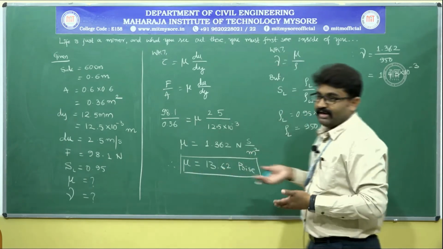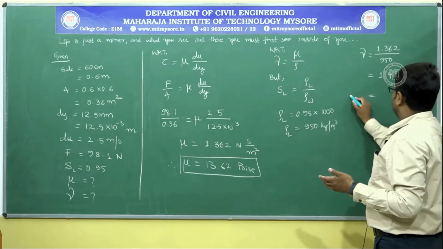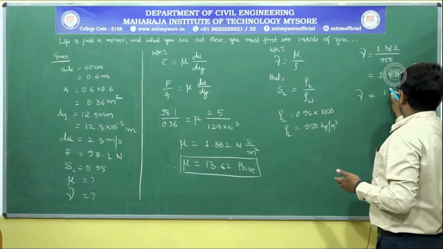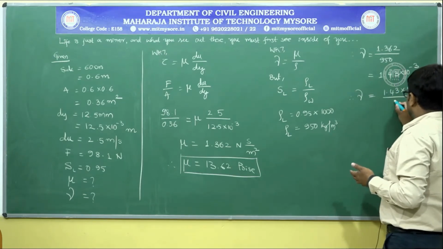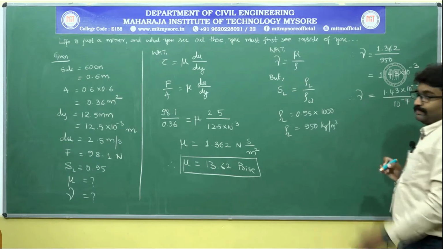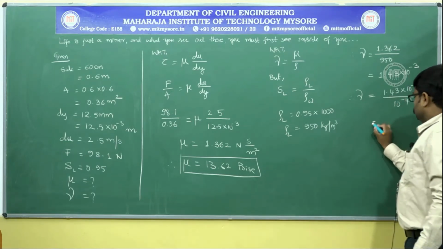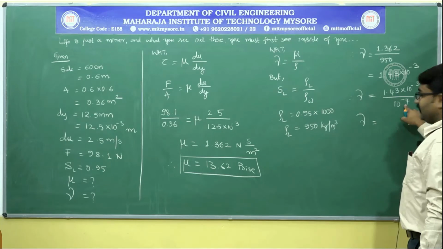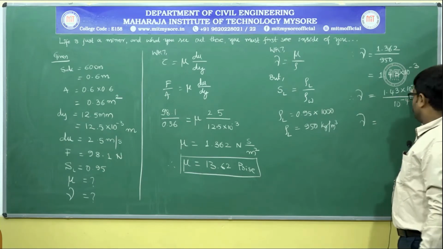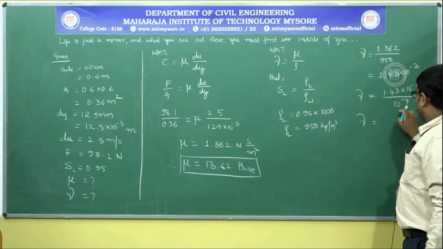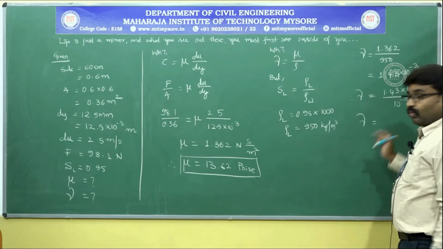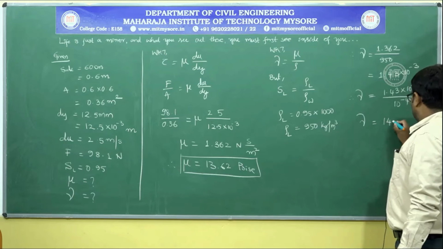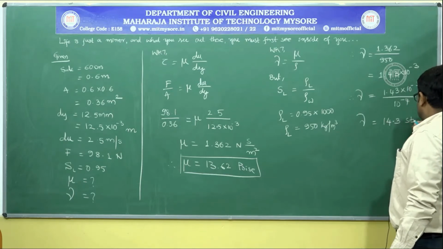Now, you will have to divide it by 10 power minus 4. Therefore, nu is equal to 1.43 into 10 power minus 3 divided by 10 power minus 4. So 10 power minus 4 is in the denominator, 10 power minus 3 is in the numerator. When it goes up, you will only be left with 10 power 1. So it becomes 14.3 Stokes.